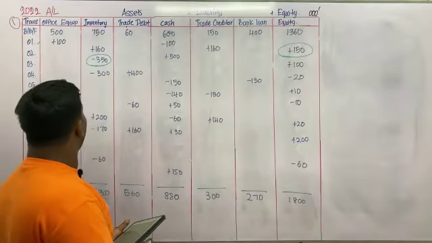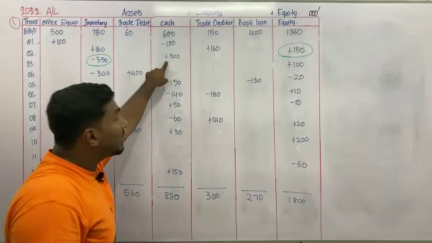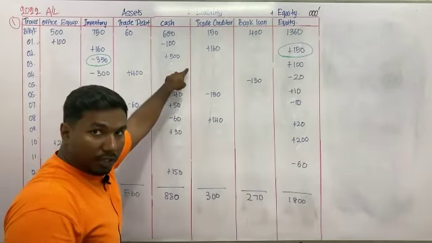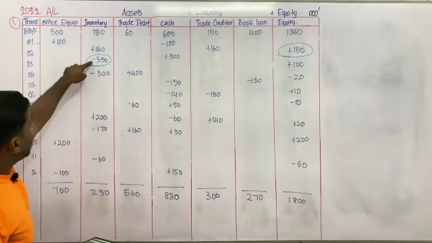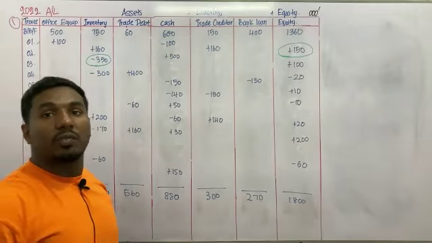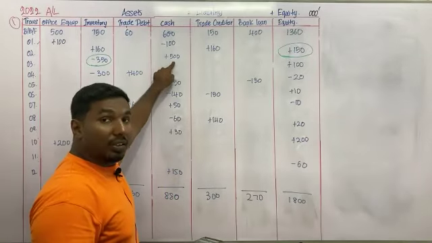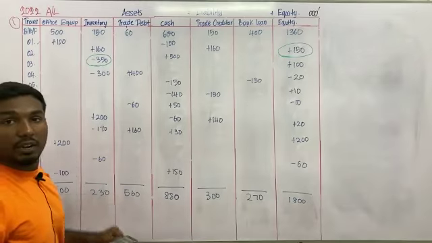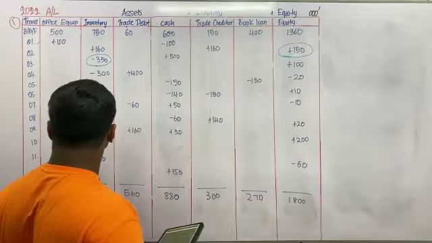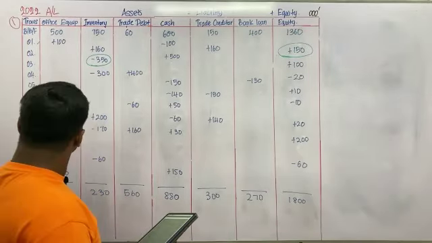So how can you write it? Cash sales rupees 500,000 and the cost of the goods is 350,000. Okay?